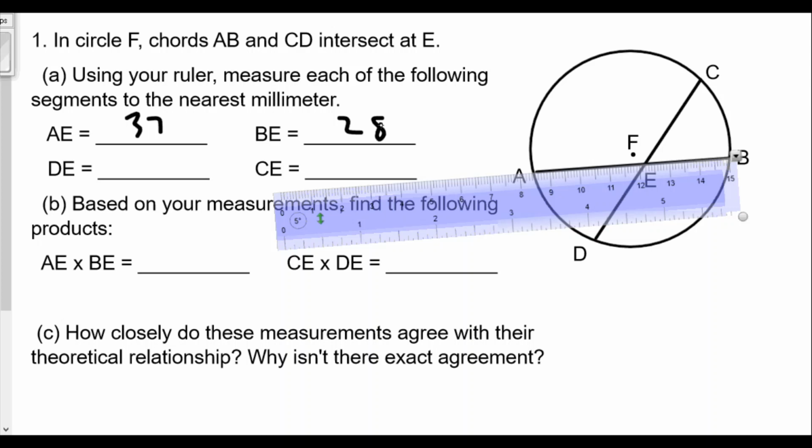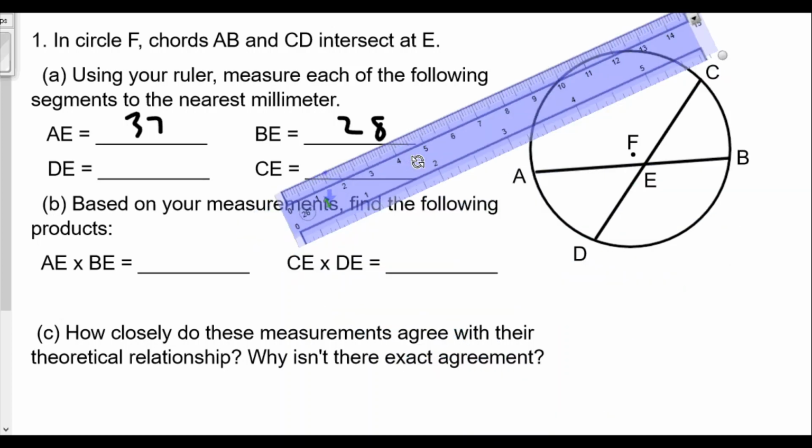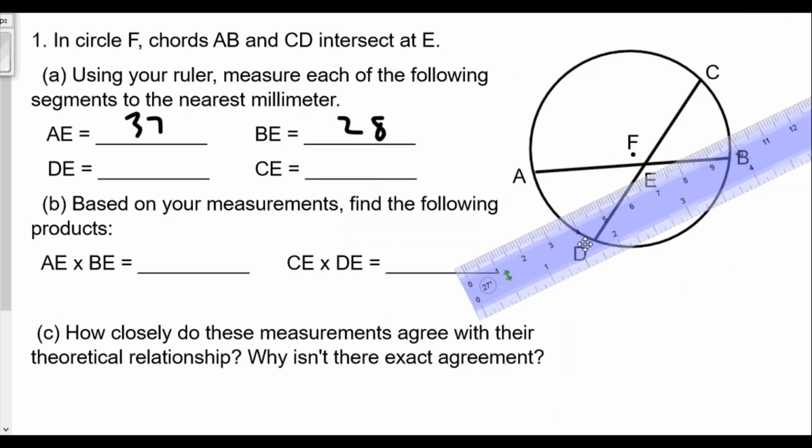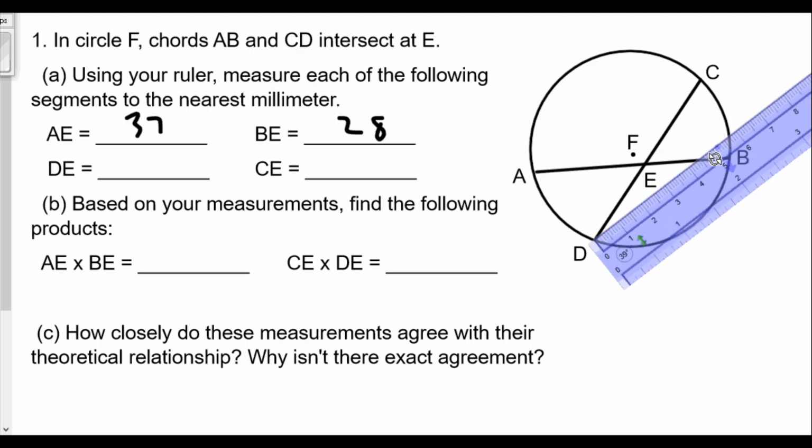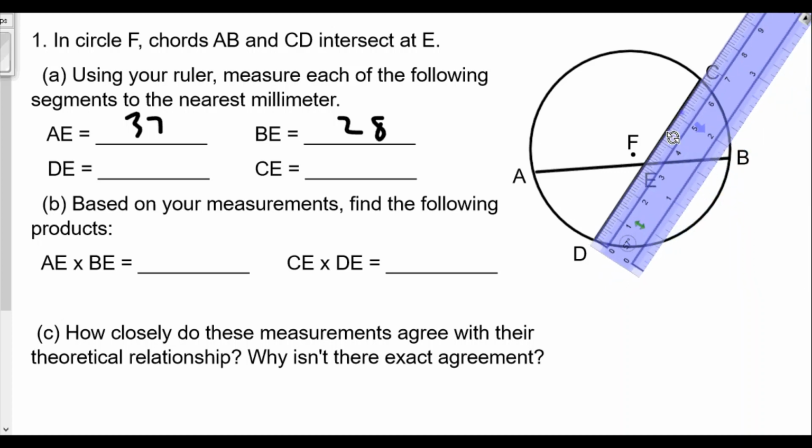Now we're going to measure DE. Put the 0 point here and swing this around, and it looks like DE is about 3 centimeters, so that's 30 millimeters.